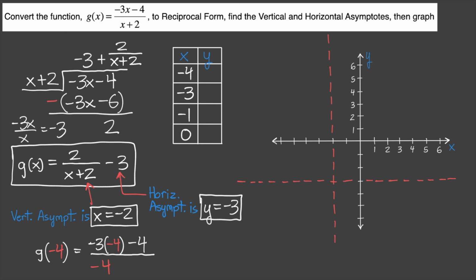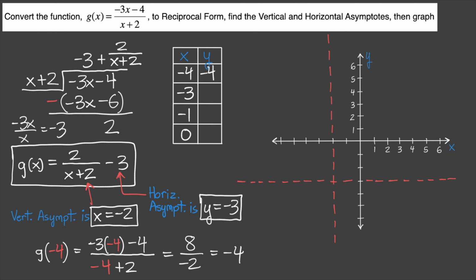So -4 on the bottom plus 2. All right, so we simplify. So -3 times -4 is 12 minus 4, which gives us 8. Then on the bottom, we have -4 plus 2, which is -2. This simplifies to -4. So we're going to write that in our chart here for the y value.